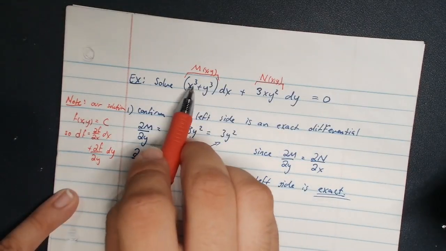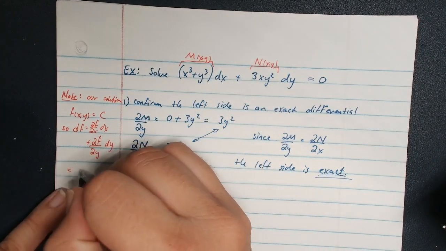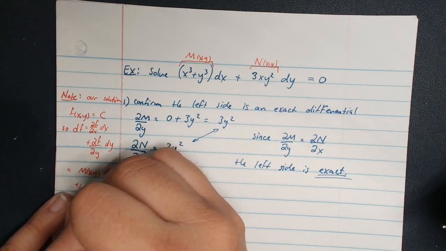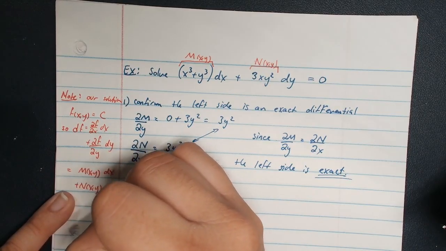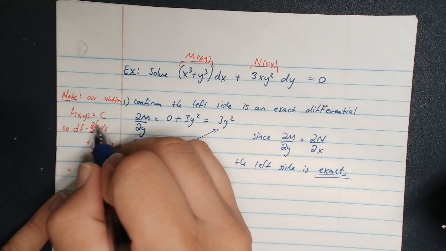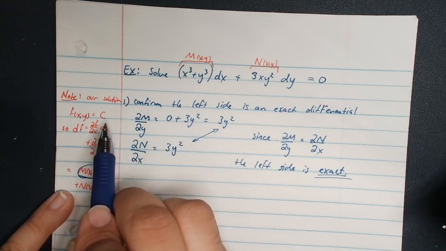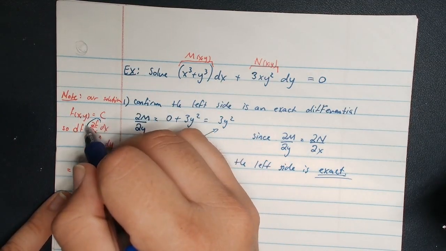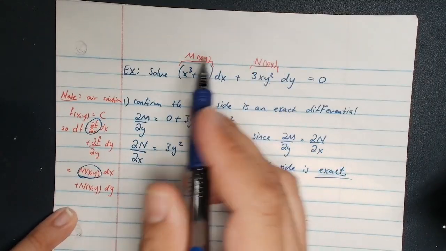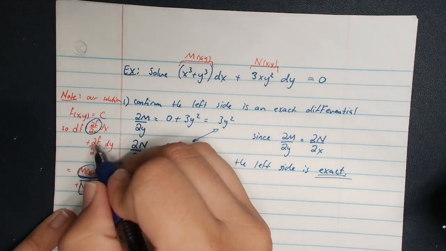But then that has to equal this expression here. So that's going to equal M of x,y dx plus N of x,y dy. Okay, so then that means that this M of x,y, this function right here, is the derivative of f with respect to x. Likewise, this function here, this N, is the derivative of that same function f with respect to y.